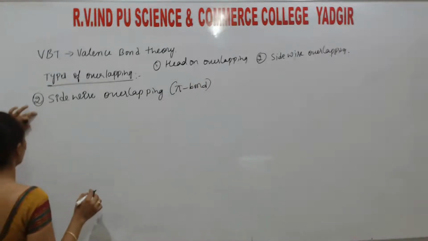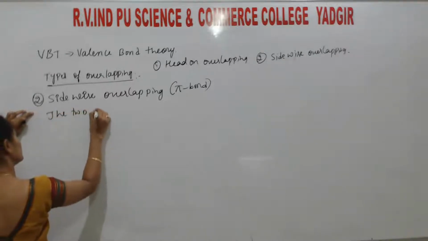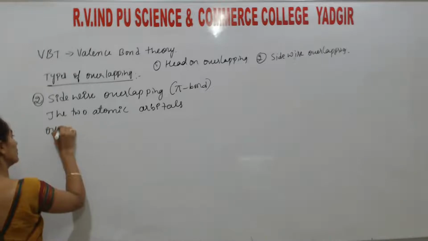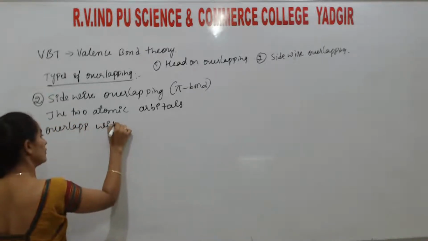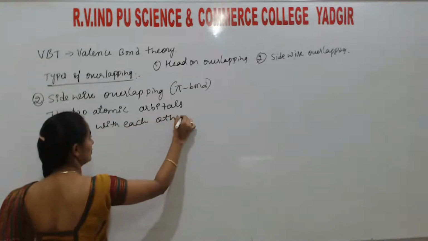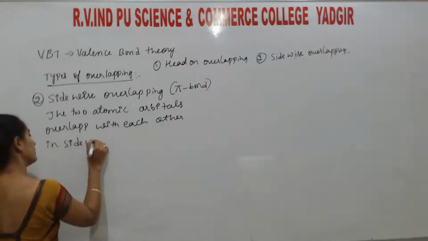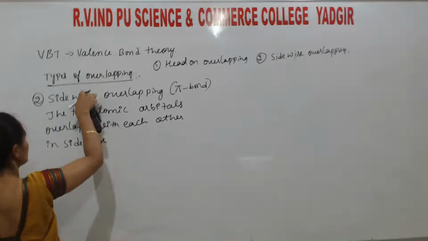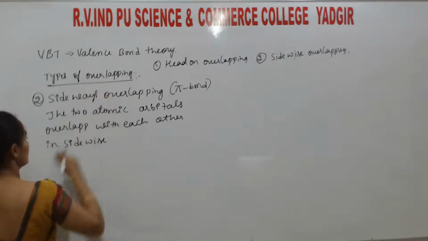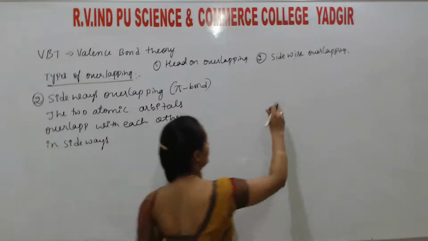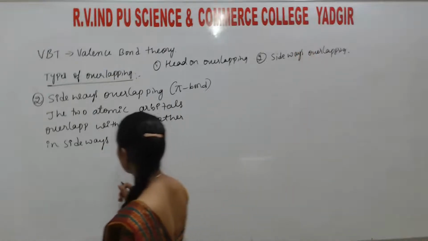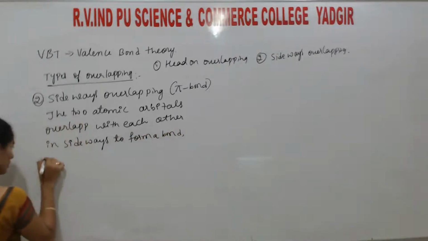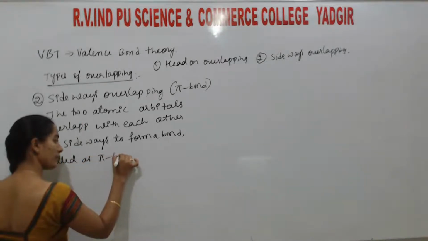So students, how does the pi bond overlapping take place? 2 atomic orbitals overlap with each other sideways to form a bond called a pi bond.